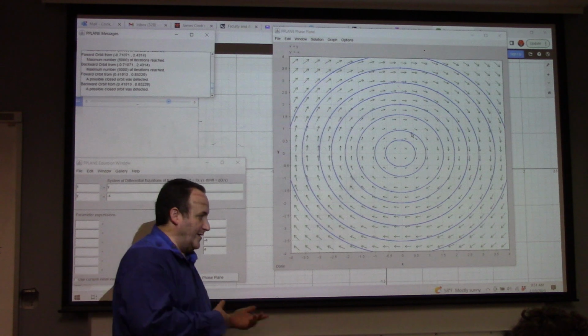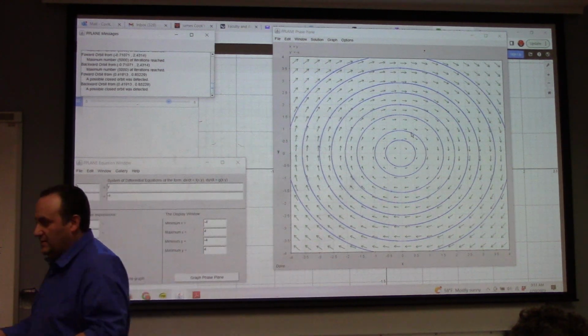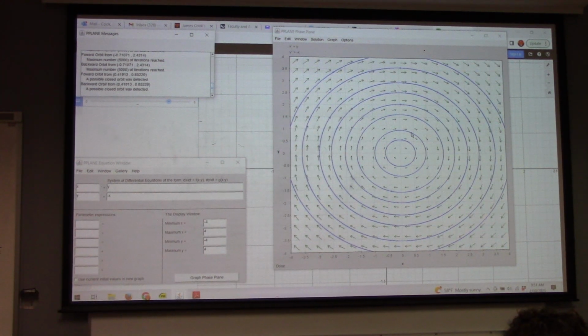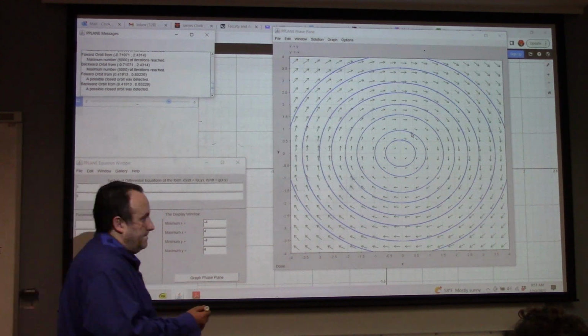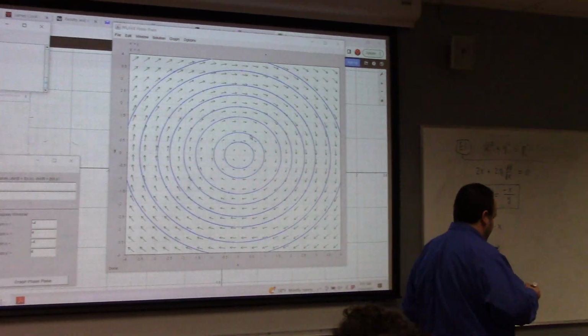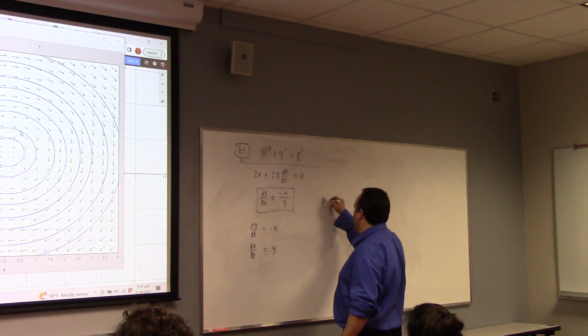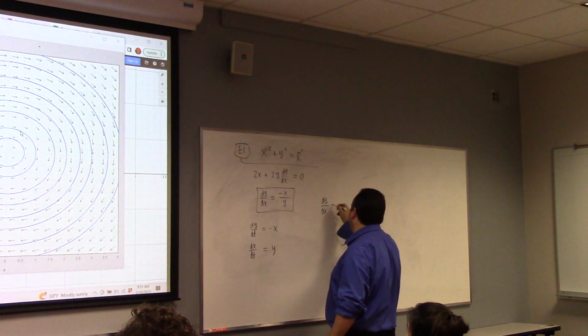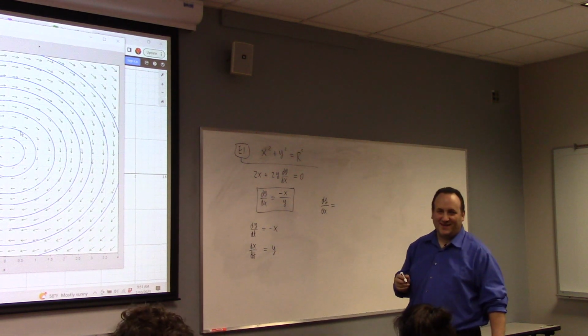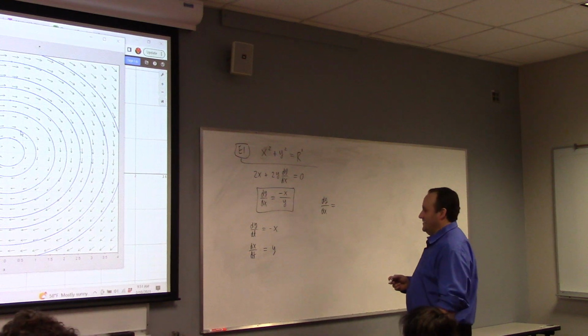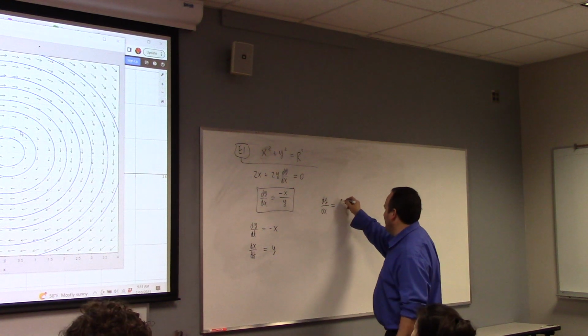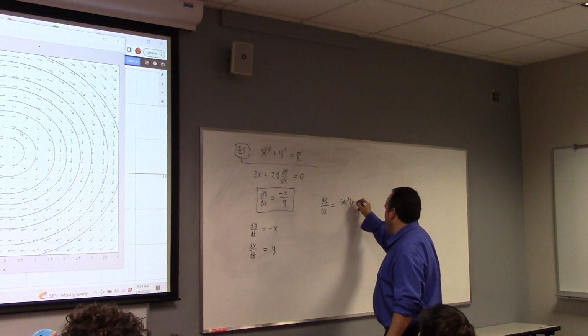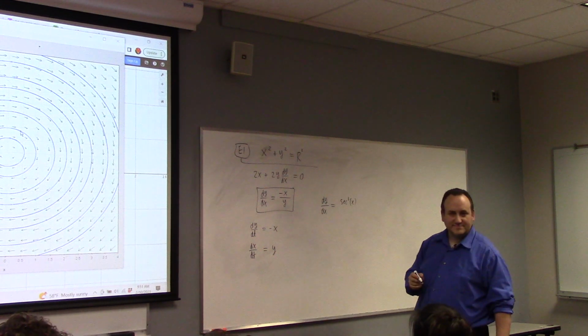So let's play this game. You guys make up any differential equation you want. dy/dx equals what? What do you want? All right. So secant cubed x, I guess, and then what?